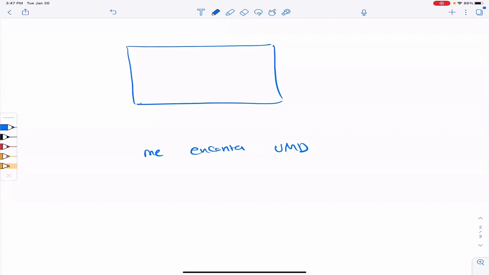Embedding. We'll embed these words into a high dimensional space. Usually we have vectors of length 512 as the word embeddings. So that's the first step.